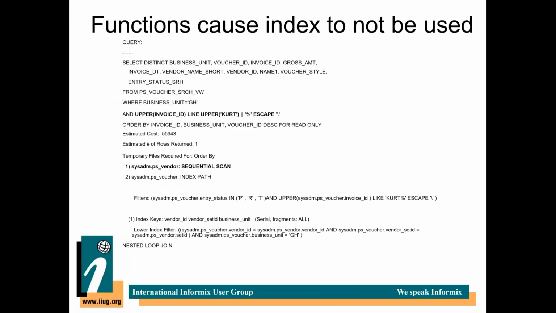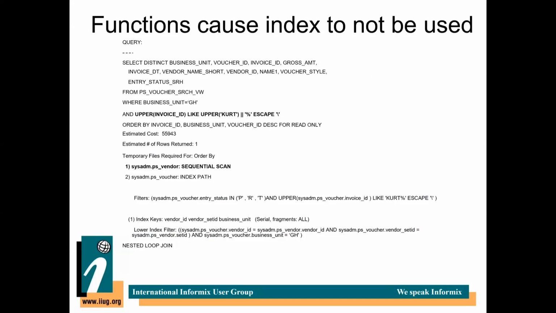So in this case, we had a query to clients. We had a function that caused an index to not be used. When we first ran the query, it was taking about 20 minutes to run. I was looking at it, and all the tables in the from clause had indexes on the fields, but we were still getting sequential scans.